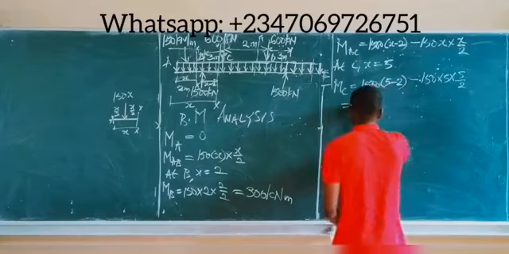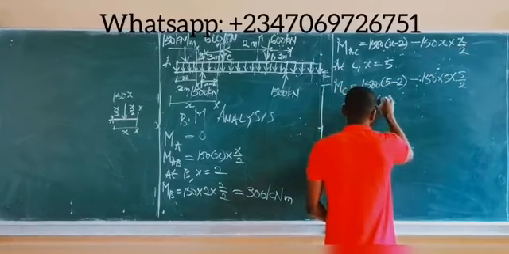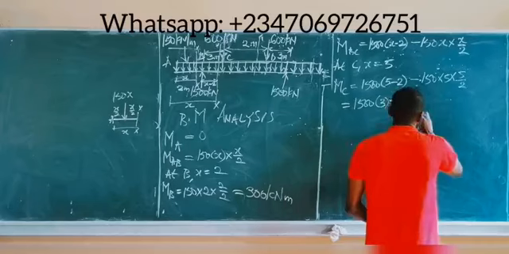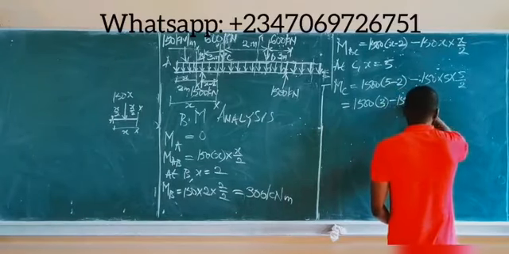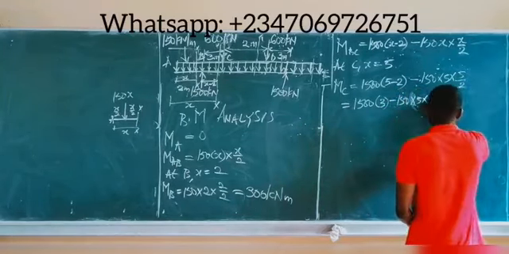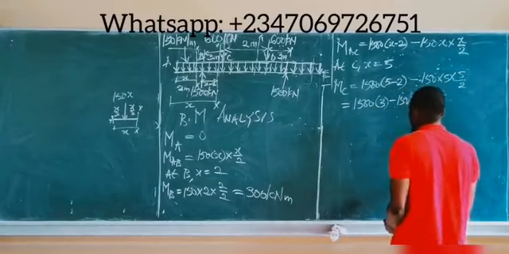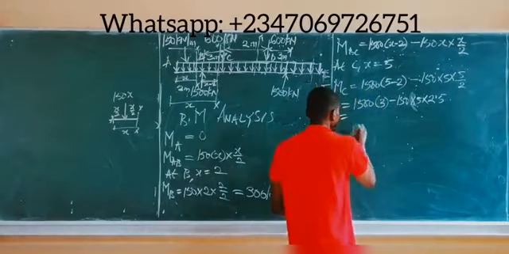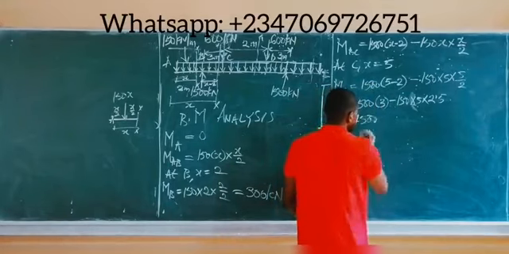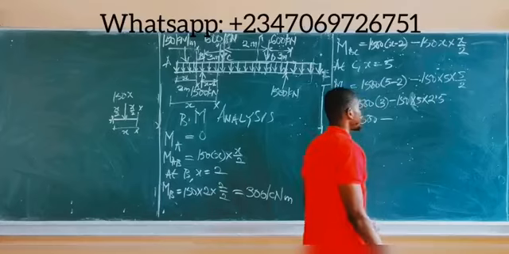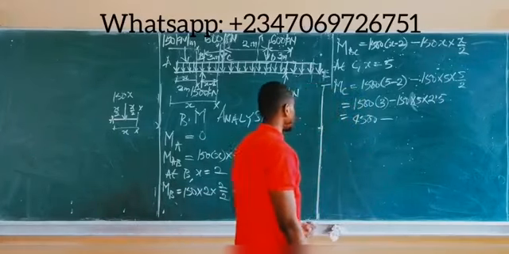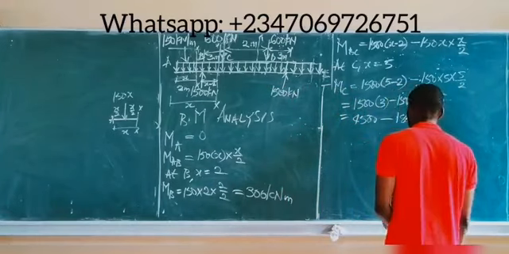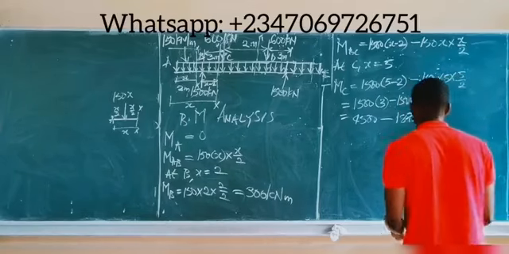Okay, this is equal to 1,500 into 3, since 5 minus 2 is 3, minus 150 times 5 times 2.5, since 5 over 2 is 2.5. So this is equal to 1,500 times 3, which is 4,500, minus 150 times 5 times 2.5, which is 1875. So 4,500 minus 1875.